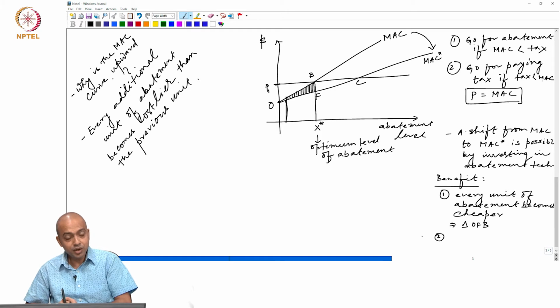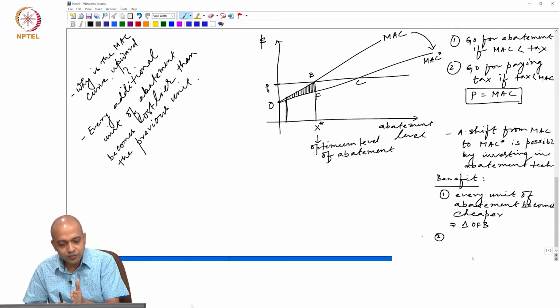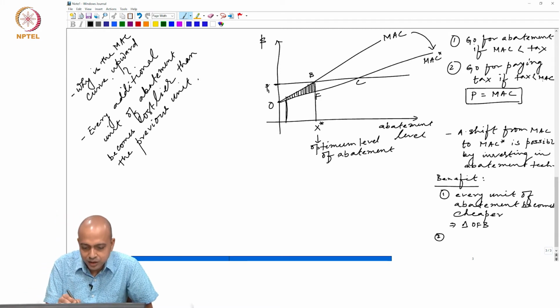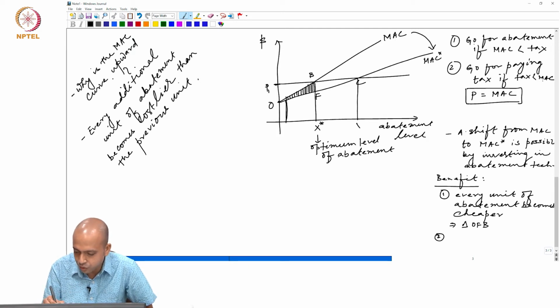And what is the second one? The second benefit is that with the new MAC star, you can actually abate more pollution. Okay? If the pollution charge is fixed at P1, instead of B, now you can go up to C. So, you can go from X star to X1 star, and that will give you another benefit. Okay?